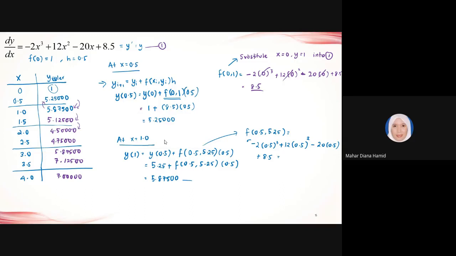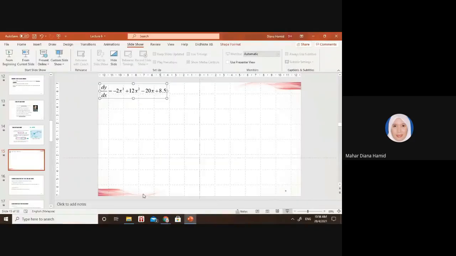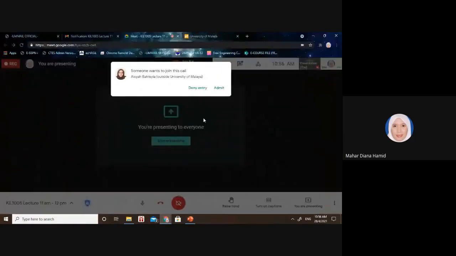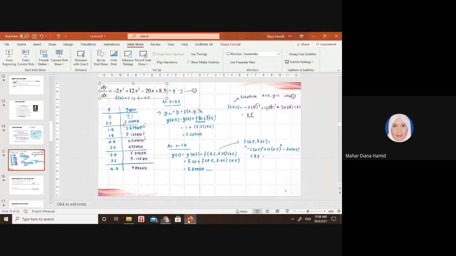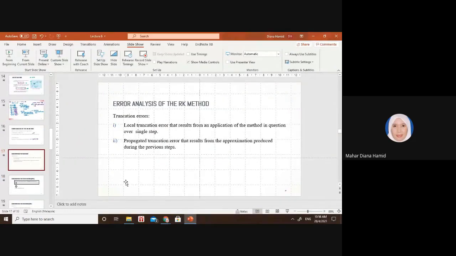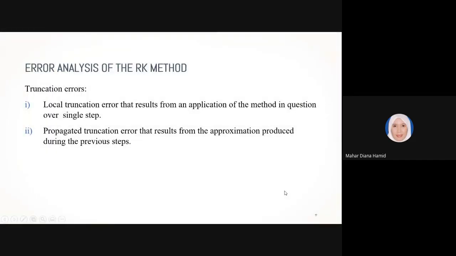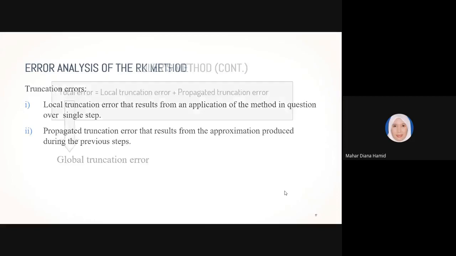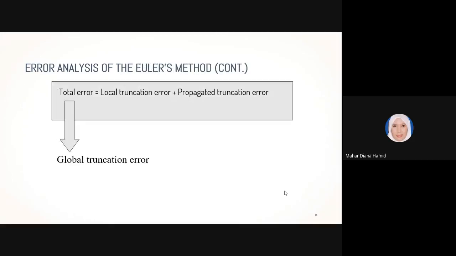So in order for us to ensure that we have a more accurate result, we need to make sure that the approximation that we use in the previous step is the correct one. So the total error would be the local truncation error and also the propagated truncation error.